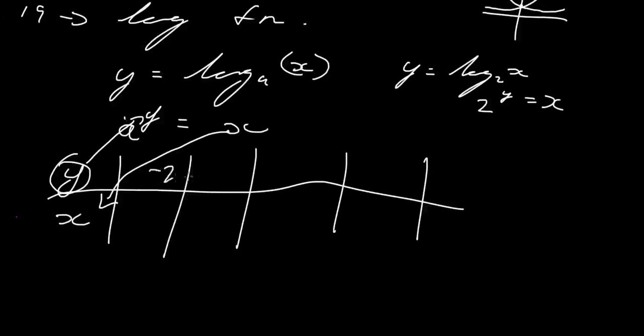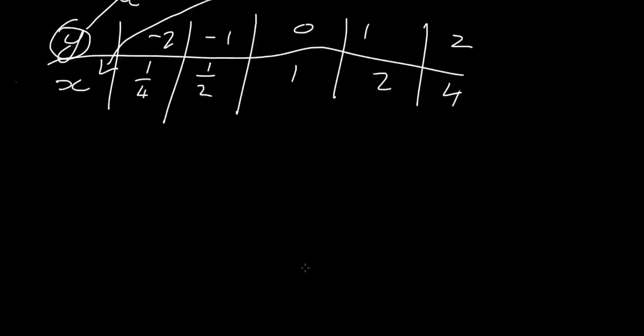So we're going to go -2, -1, 0, 1, 2. And then we're just going to calculate them. So x is equal to 2 to the y, so we substitute in our y values. So -2 goes in, 2 to the -2 equals 1 over 4. And we substitute in the rest of the values, we end up with this.